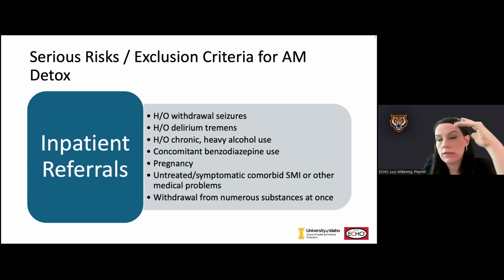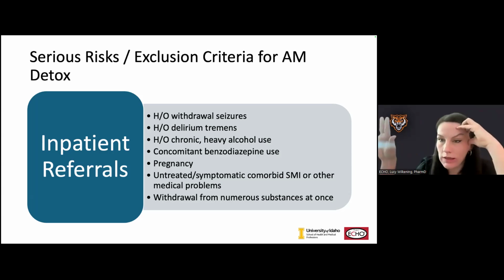I wouldn't say this is an absolute, you can't ever do this on an ambulatory or outpatient basis, but it is one that requires some thought, right? So if you have somebody who has been drinking alcohol and taking opioids at the same time, what do I do for those patients? The textbook answer is generally if somebody is sick enough that they are scoring on numerous withdrawal scales at once, they are generally best served inpatient. But there can be some nuance to this.